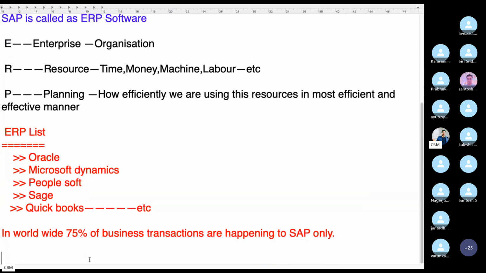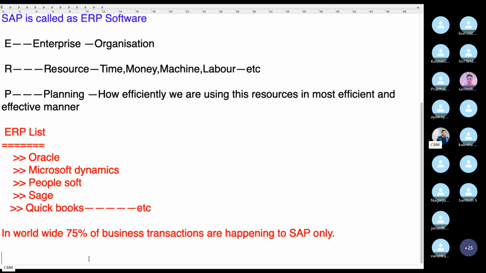So if you look at the trends regarding SAP software, worldwide 75% of business transactions happen through SAP. So now you cannot ask about the scope of SAP.